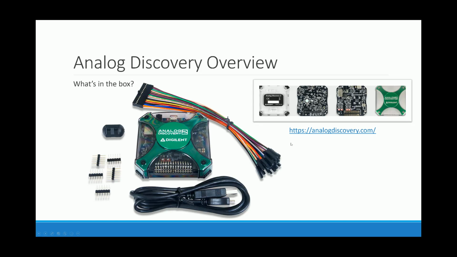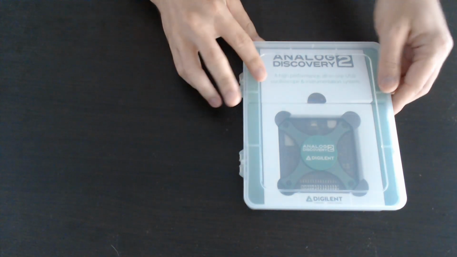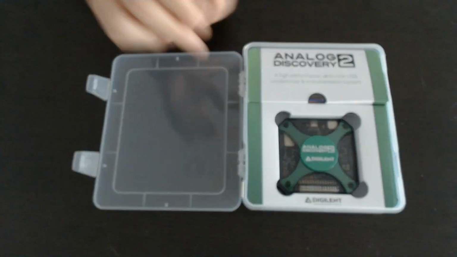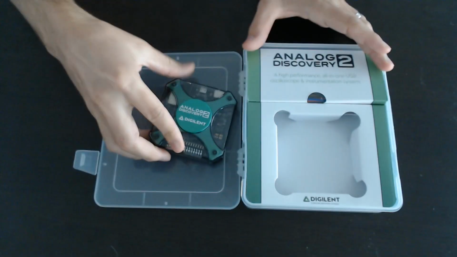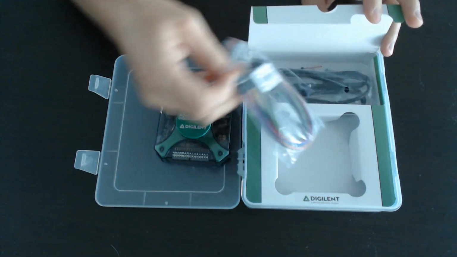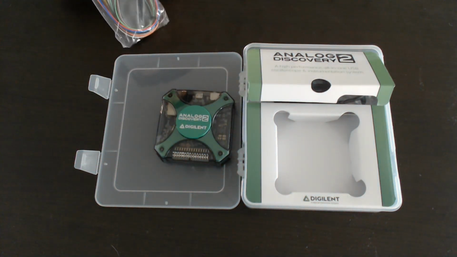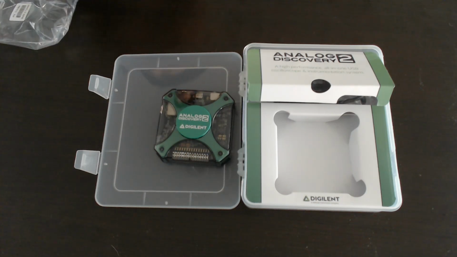Now, if we open up the actual box and take a look here, we can see that the Analog Discovery 2, or the AD2 board itself, is obviously the first thing that we notice. Digging a little bit deeper, we'll find a 30-pin fly-wire connector that allows us to connect the various input and output components of the AD2 board with a breadboard or other physical system.